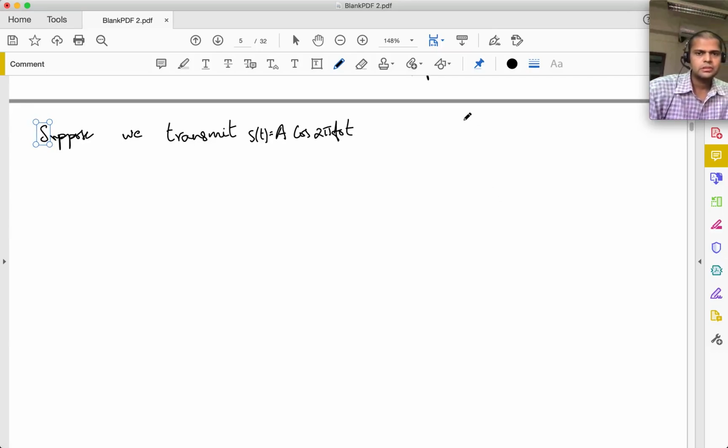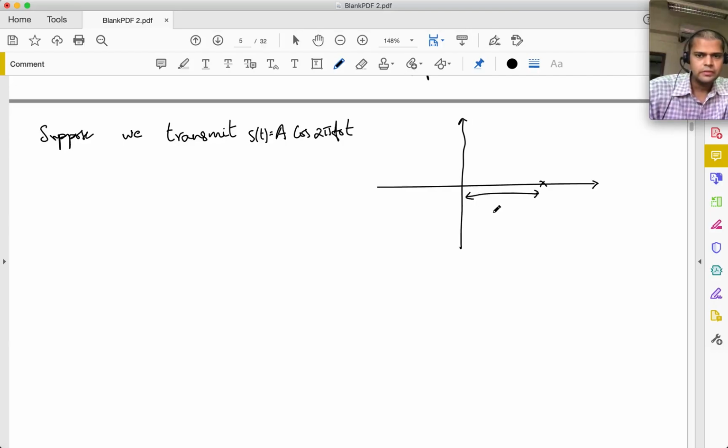Just as an exercise, where would this be in this vector space? It's going to be here on the x-axis. And what is this distance going to be? Well, we said it's going to be a root n by 2f0.